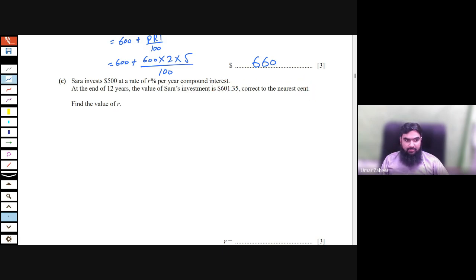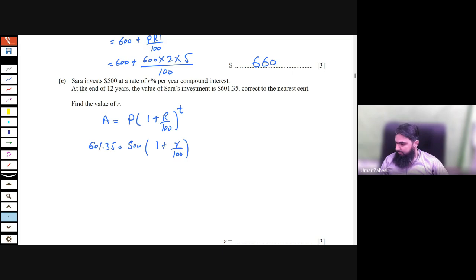Find the value of R. We know that the total amount is equal to P into 1 plus R over 100, whole raised to power T. So the total amount is given, that is 601.35. The principal amount is 500. The rate of interest we need to find. And the time is 12 years.